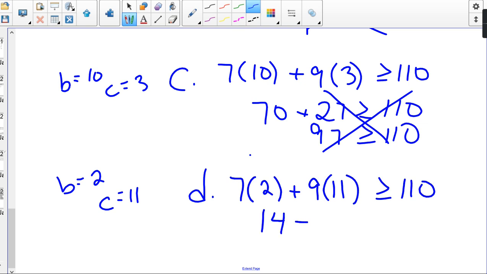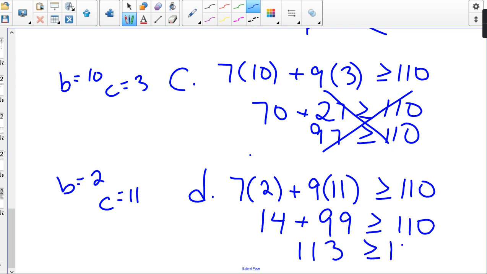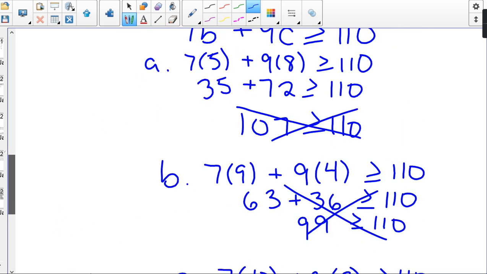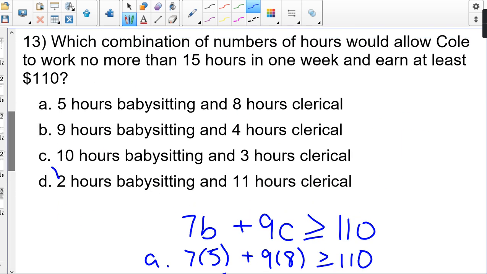So that's 14 plus 99, and that is $113. So we finally found the option where he's making more than the $110 while working no more than 15 hours. So the answer is choice D.